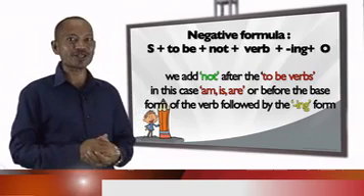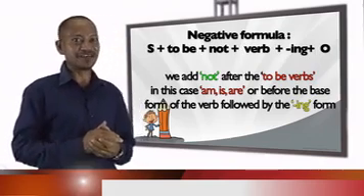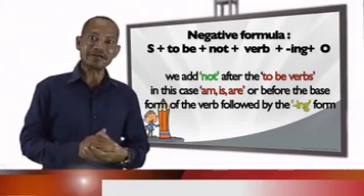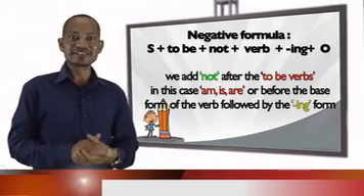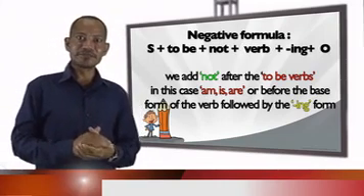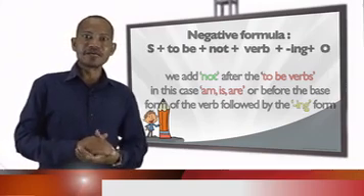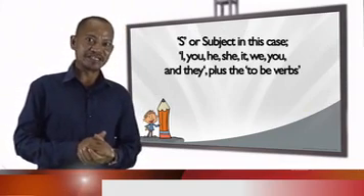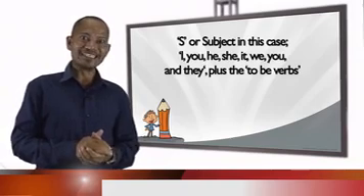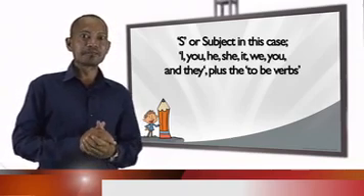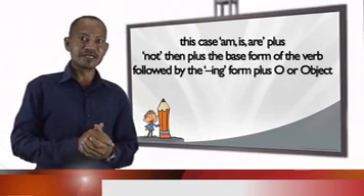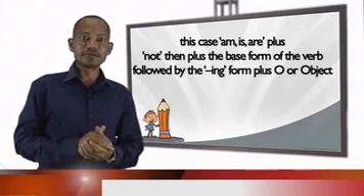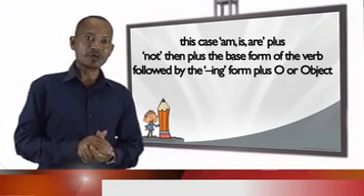We just need to add not after the to be verbs, in this case am, is, are, or before the base form of the verb followed by the ing form, as in the formula suggested for this type of sentence. So, subject, in this case I, you, he, she, it, we, you and they, plus the to be verbs, again am, is, are, plus not, then plus the base form of the verb followed by the ing form, plus the object.